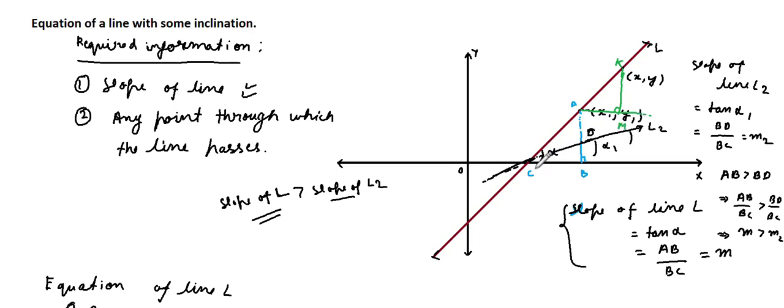Now we can see that CX is parallel to AM, and hence angle ACB should be equal to angle KAM, because AM is parallel to CX and we can consider this line L as a transversal.